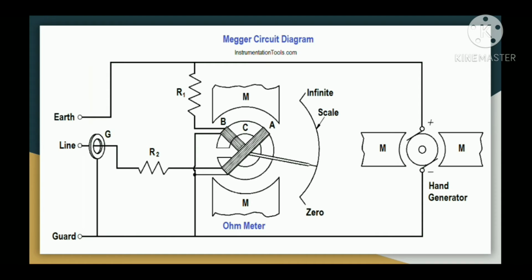So this is a diagram for Megger, in which you can see there are two coils, deflecting coil and controlling coil, and supply is given by the hand-driven generator, which is also shown in this diagram, and R1, R2 are the resistances.